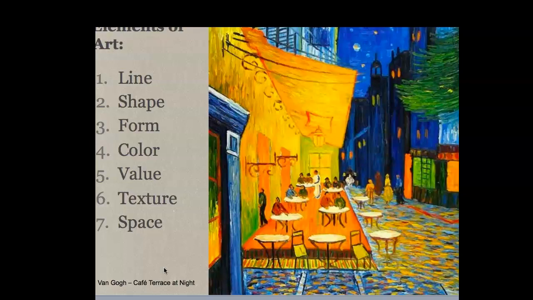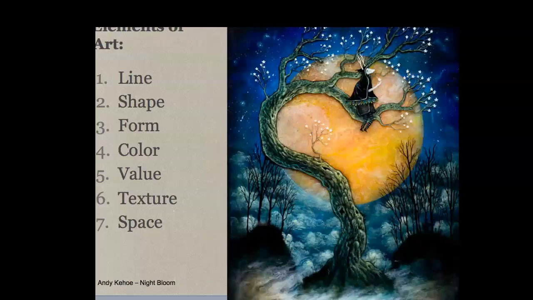What about space? Do you see any use of space here? How would you describe the space? And what has the artist done to create that space? Next image, take a look. How is the use of line different here than in the previous image?